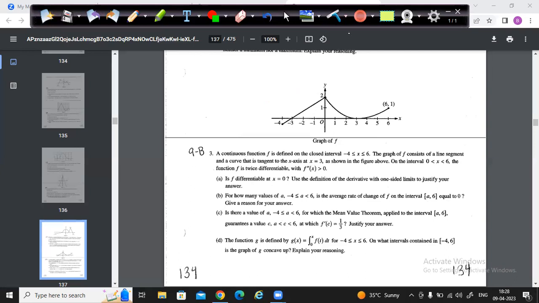Justify your answer. Okay. So he's asking me a point such that f dash c is equal to 1 by 3.